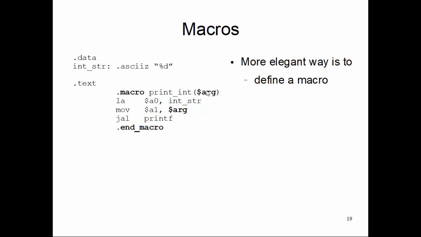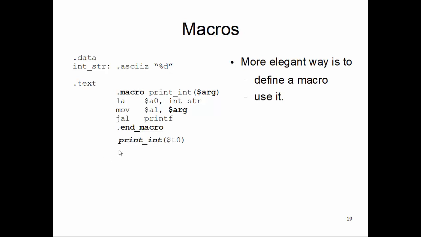I am saying that whatever I pass as an argument to this macro, use that one in the macro body. And once I'm done with the macro body, it ends with the .end_macro directive. So this is how I define a macro. Once it is defined, use it.